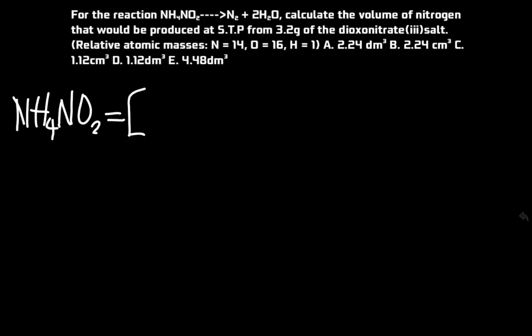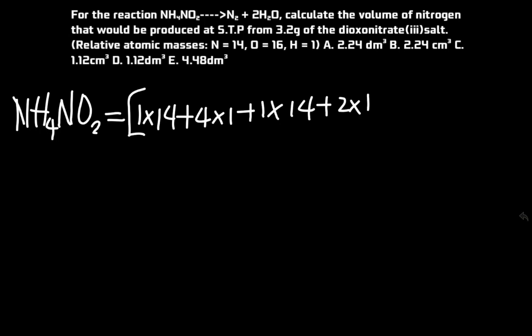So the molar mass of this would be 1 times that of nitrogen, which is 14, plus 4. The atom of hydrogen here is 4, so 4 times 1, plus 1 times 14 again, plus 2 times 16. That of oxygen is 16.